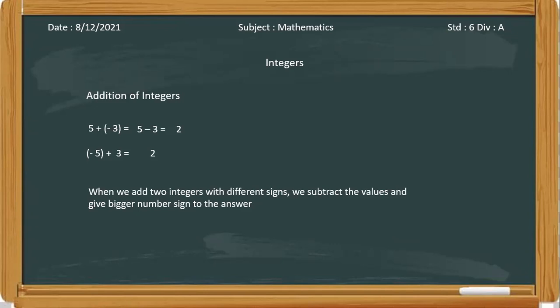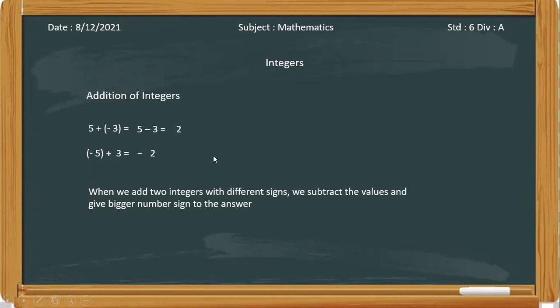So what will be the sign? What is the bigger number here? 5. And what is its sign? Negative. So our answer will also have the bigger number's sign, that is negative, which is -2.